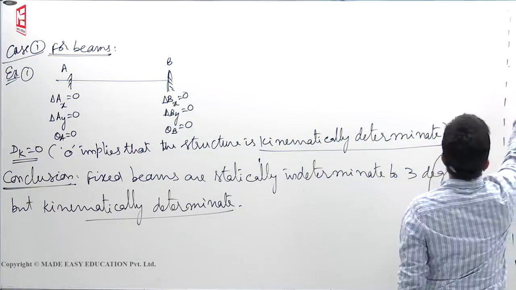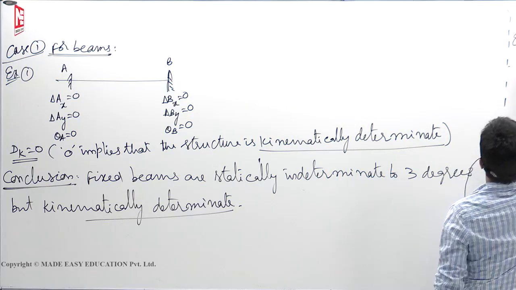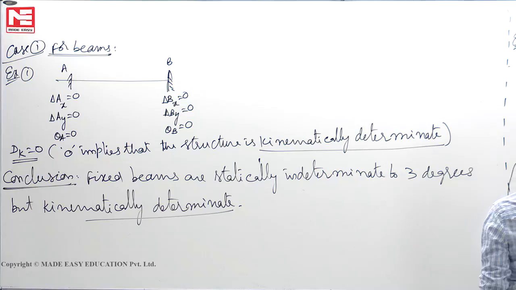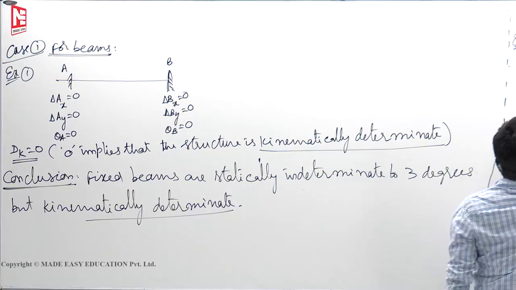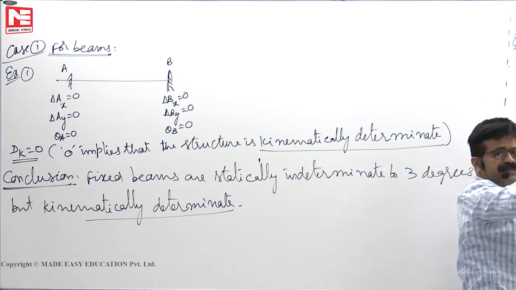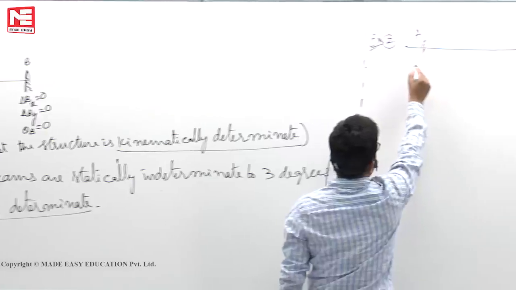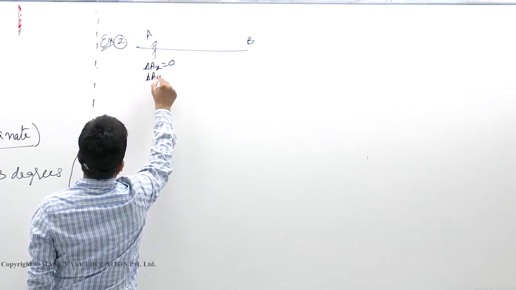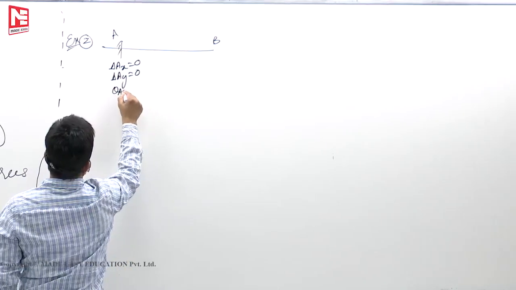Now second example we will take it. A cantilever beam we take it. This point let us say A, B. At the fixed, this is joint, this is a joint. Independent displacements at all joints have to count. Displacement of A in x direction 0, displacement of A in y direction 0, theta A is 0.